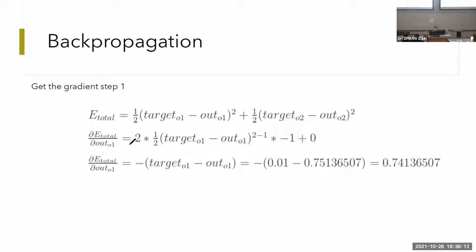So let's go a little bit more into the math. We know that E total is equal to one half multiplied by the target minus the output, squared, plus 0.5 multiplied by the target minus the output at output 2. The target is observed, the output is estimated.